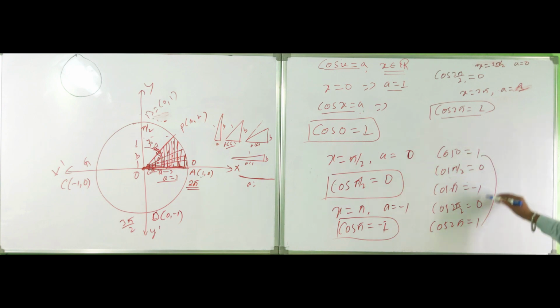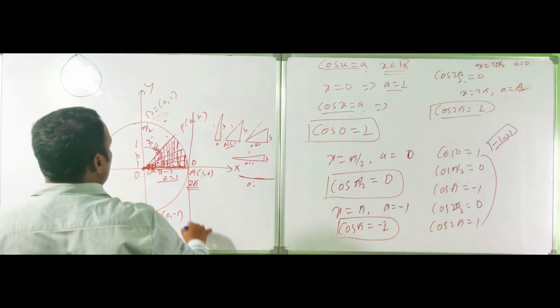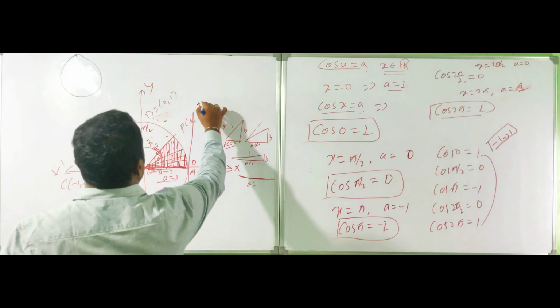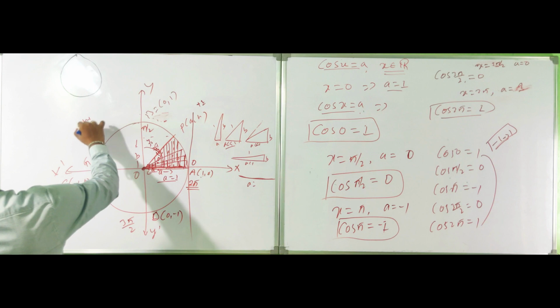This is circulating again. Therefore, the value swings between positive 1 and negative 1. This is the value of cos x.